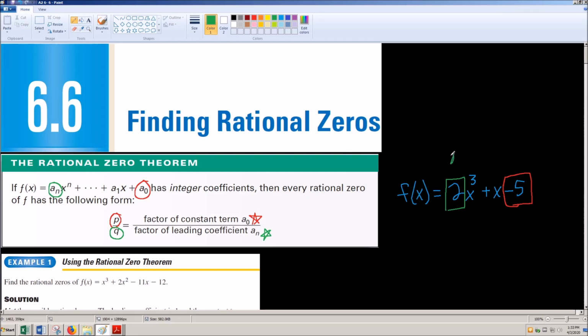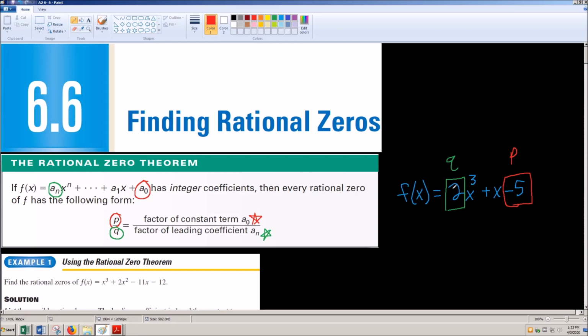Here is my q value, and here is my p value. When I am looking at these, it has the form p over q, and I want to list out the different possibilities. So this is a factor of the constant term over a factor of the leading coefficient.